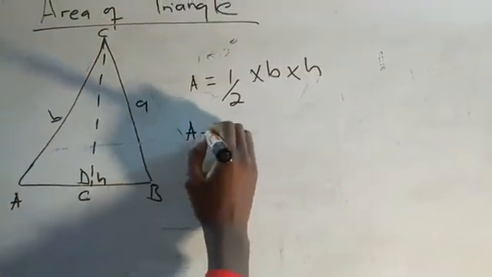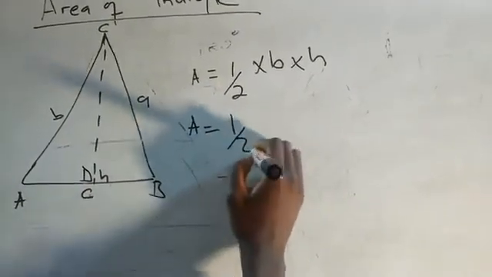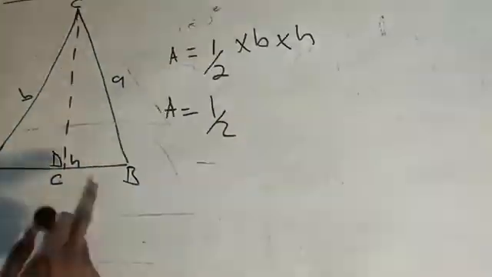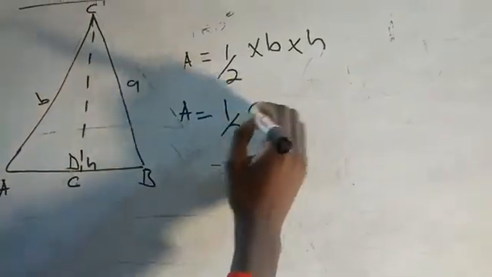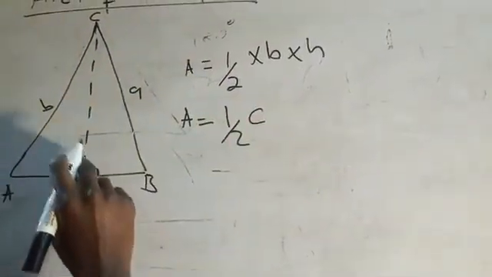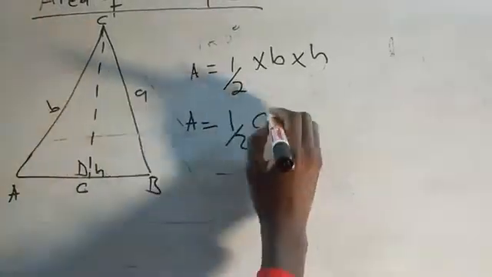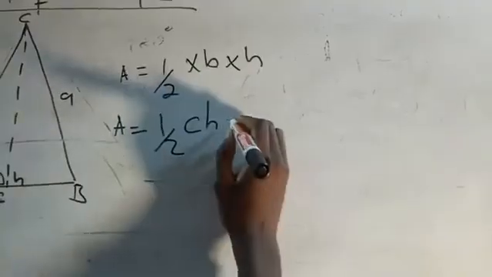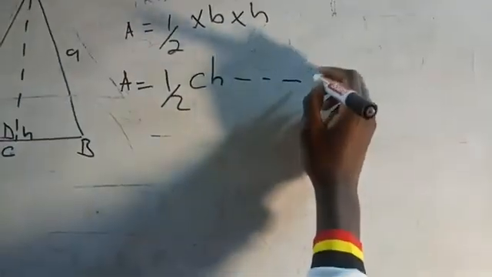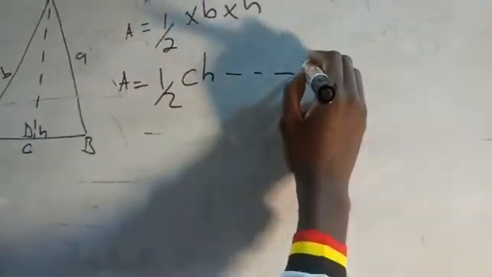So area equals a half times the base, which is c, times height, which is H. Let's name this equation 1.